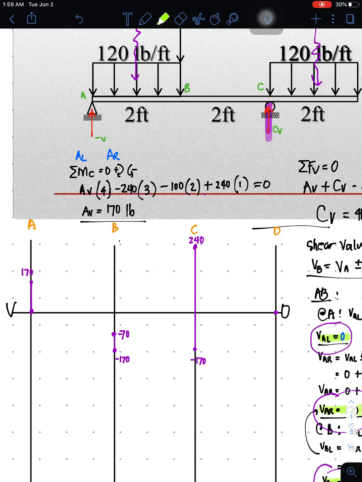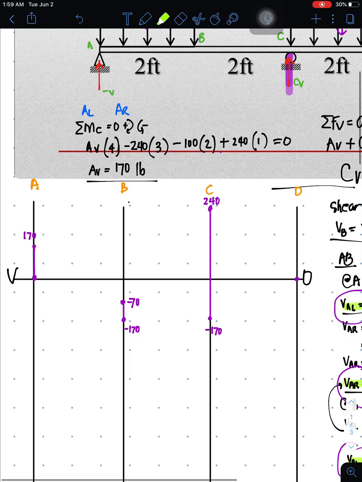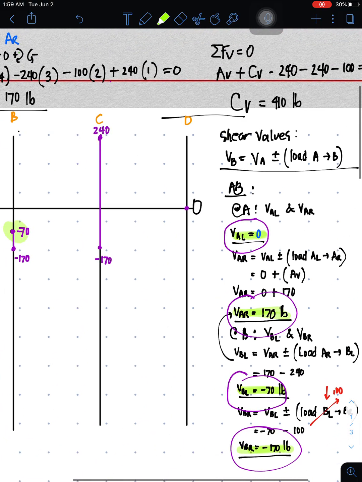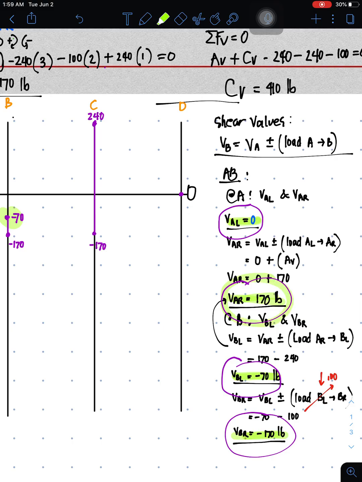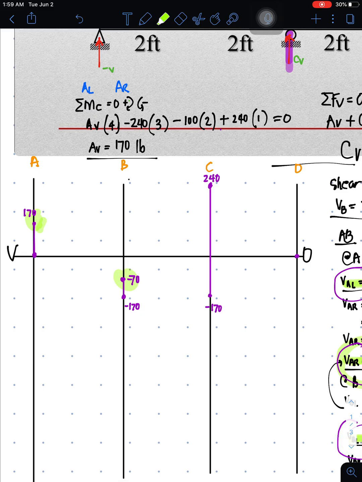We are connecting 170 and negative 70. The previous is 170, then the next is negative 70, and we connect those.